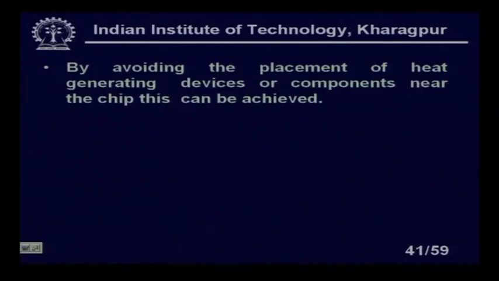This can be achieved by avoiding the placement of heat generating devices or components near the chip. Okay. So, if I put any heat generating things like transformers far away, this problem can be easily solved.